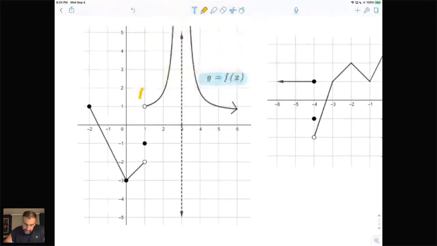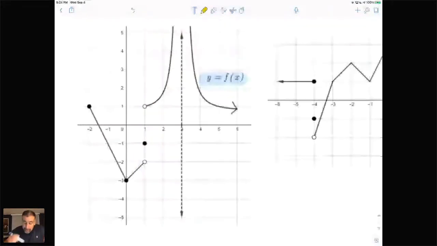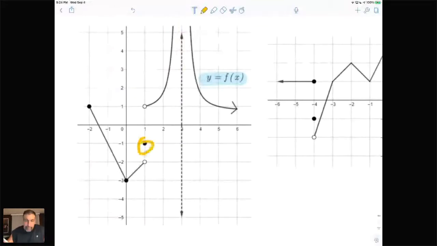We've got some funny business going on right here, and we've got a vertical asymptote right there. That's going to cause some problems. We've also got just a random point right there where the function exists. And all these things are going to be on the graph, and we've got to know how to decipher them and know what's important and what's not important.